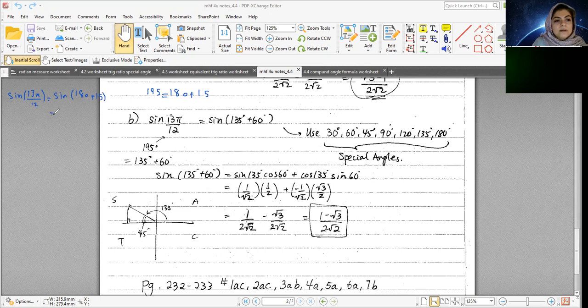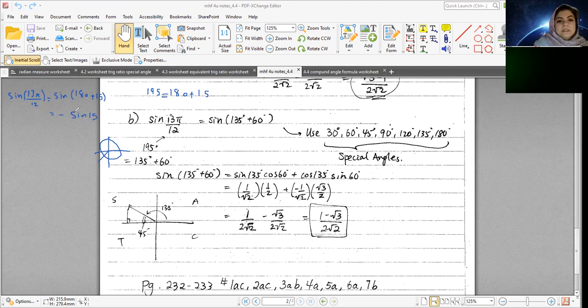And this is equivalent to sine of 15, a transformation by 180 degrees. It will give you the same sine turning to sine, but you have to see whether it is positive or negative. 180 plus an angle is here, so sine in this quadrant is negative. So you have a negative there.